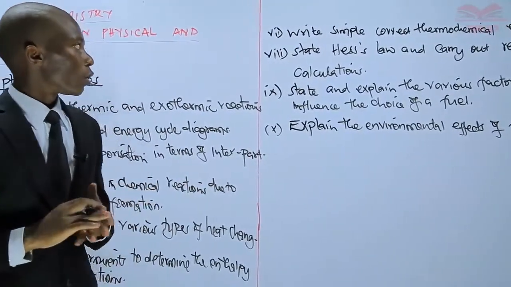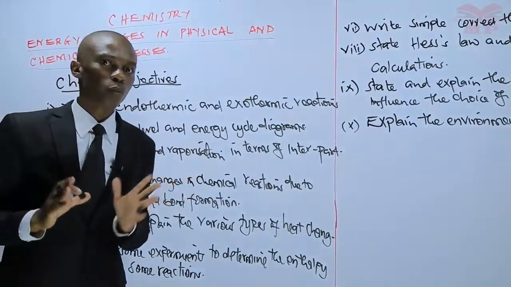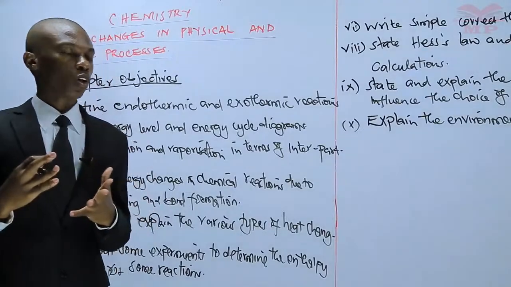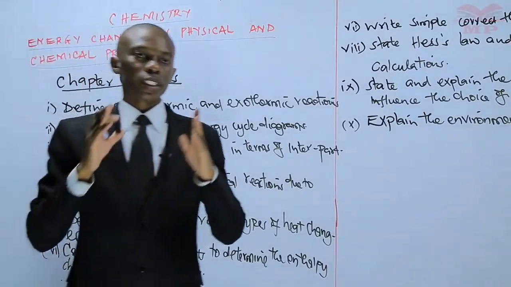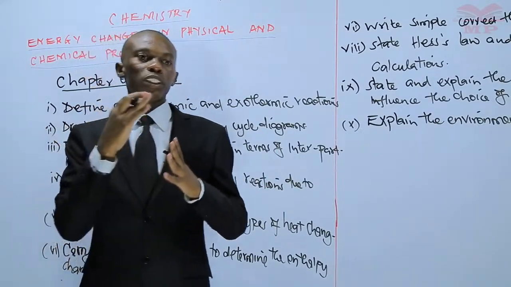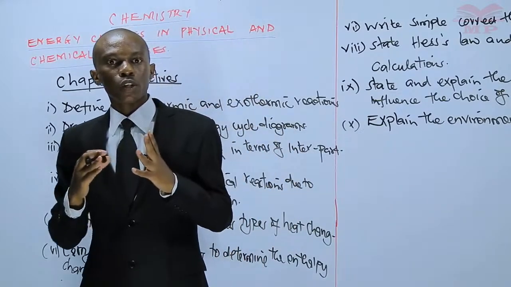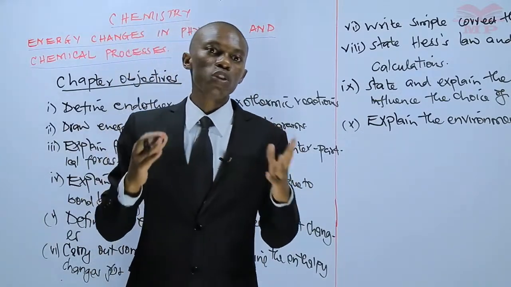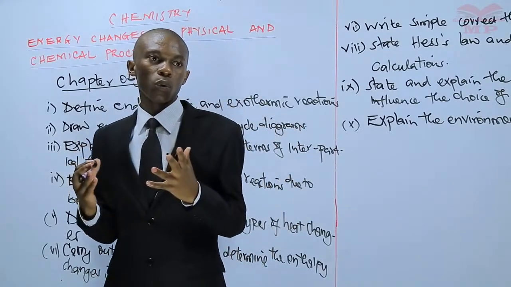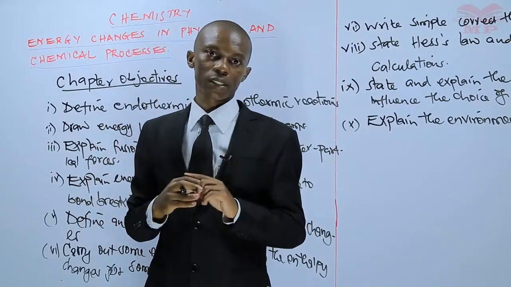So the topic is energy changes in physical and chemical processes. You remember again in Form 1, the second topic, which was simple classification of substances, we talked about temporary and permanent changes. Temporary changes are those which do not lead to formation of new substances, while permanent changes involve the formation of new substances.